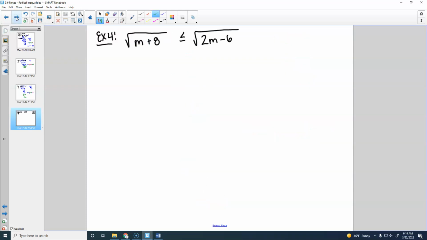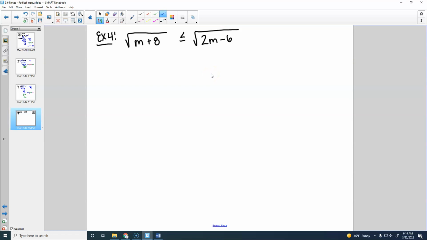All right, I've got one more that I want us to do. This is the most complicated type that you will see, which is not a great deal more complicated.